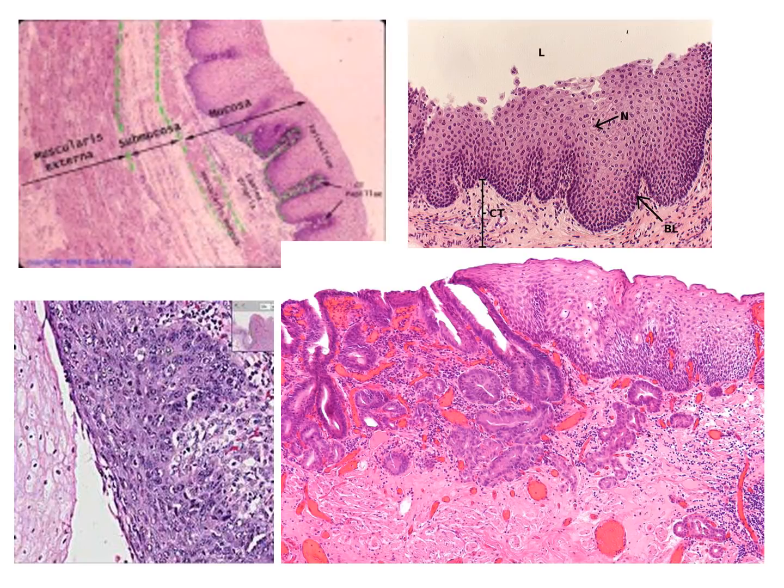Upper photos here are showing you the normal esophageal epithelium, and then the lower two pictures are showing you examples of anaplasia and invasion in esophageal cancer.